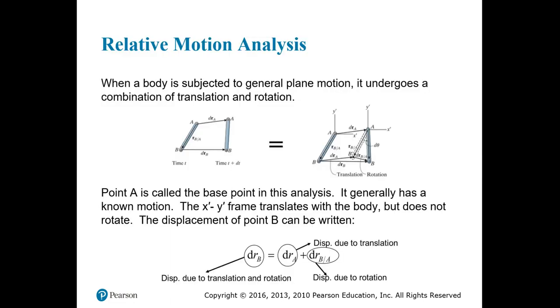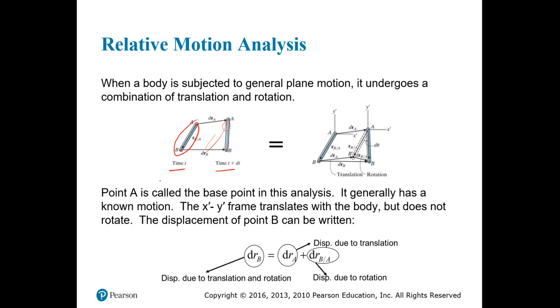All right. So when a body is subjected to general plane motion, it undergoes a combination of translation and rotation. That's what we were studying last week. So we have time t and time t plus dt. You have the bar, which has 2 points, A and B, and it is basically translating to something like this and then rotating into its final position, which is this.